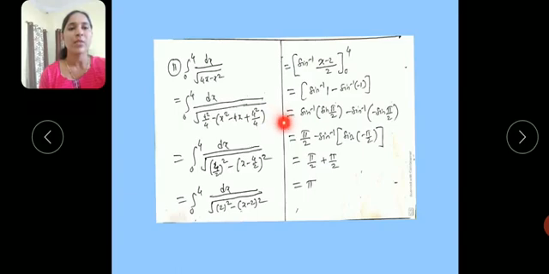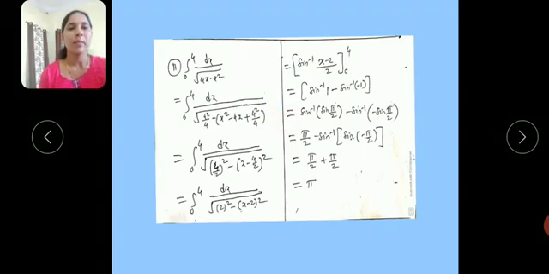This is equal to sin inverse of sin pi by 2 minus sin inverse of minus sin pi by 2. Here, arranging this, sin inverse of sin theta is only theta. Here the value of theta is pi by 2, that is, the answer is pi by 2.